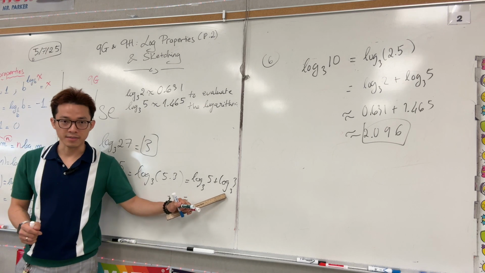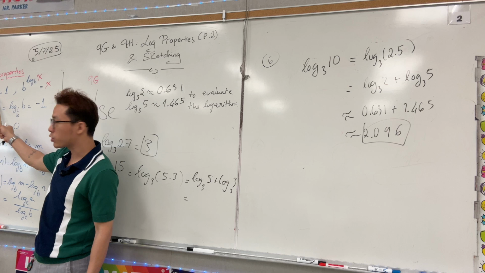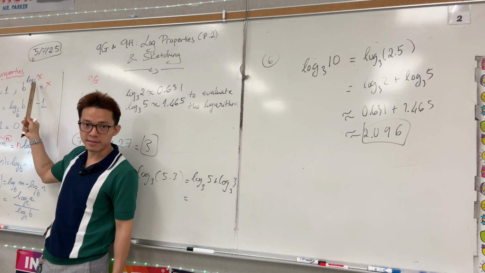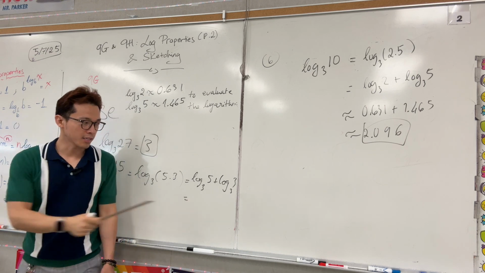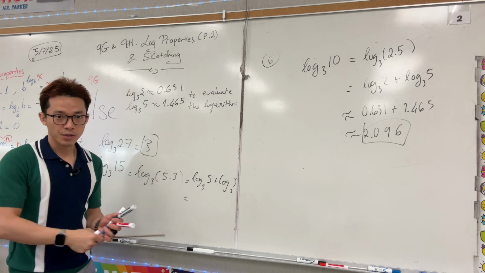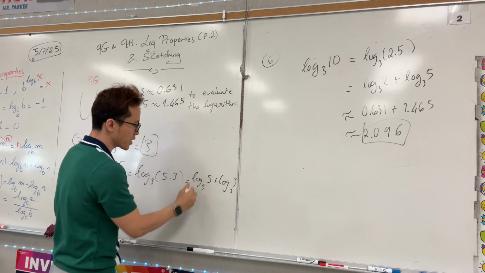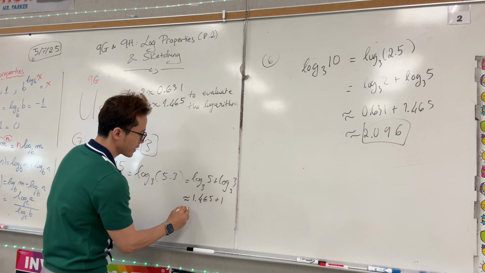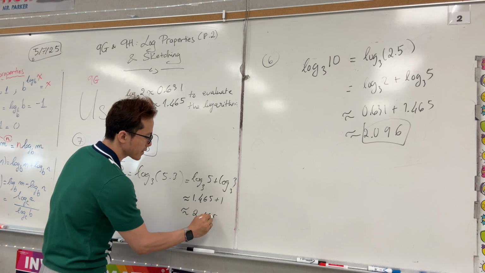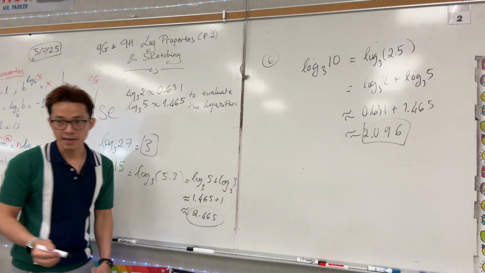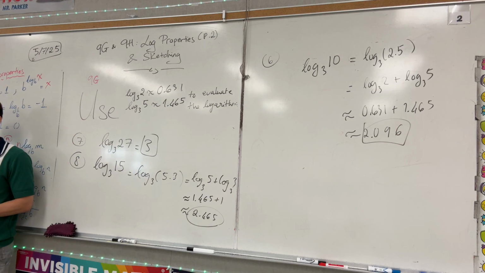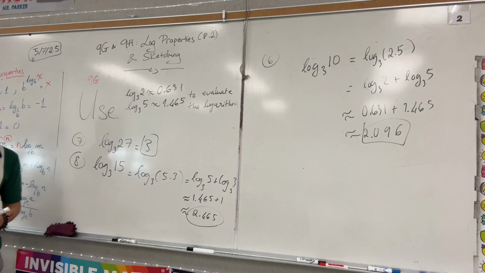Log b of b is 1, because 3 to the power 1 is 3. So you know that already. You just need this information. So it's approximately 1.465 plus 1. That is 2.465. Make sense? All right, let's give Gabriela 1 point. You don't always need all the information.